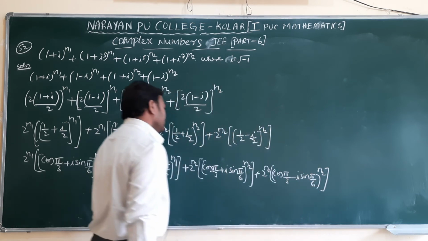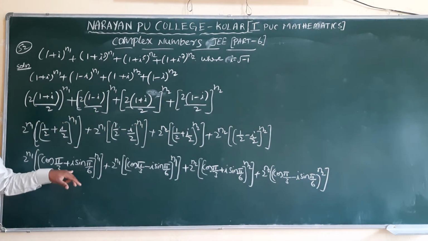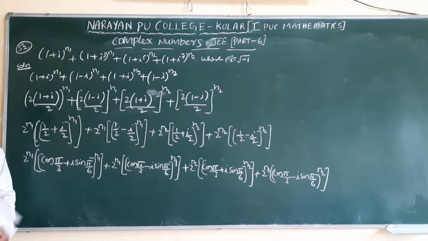Now we know De Moivre's theorem: (cos theta + i sin theta)^n is equal to cos n theta + i sin n theta.